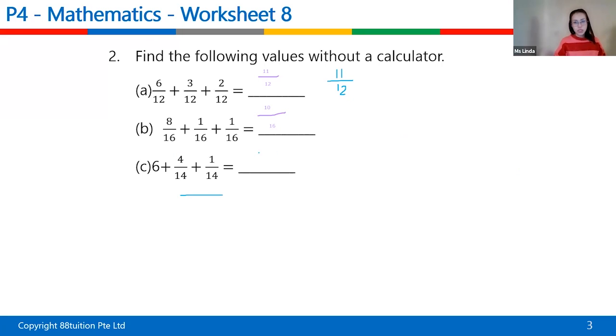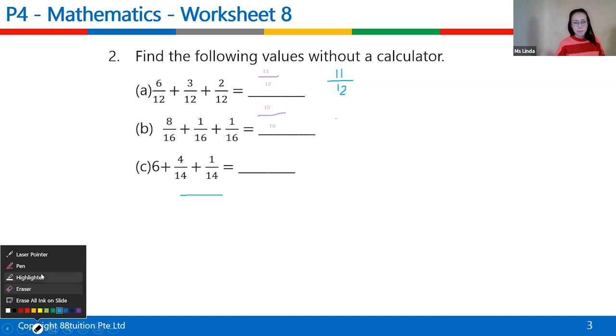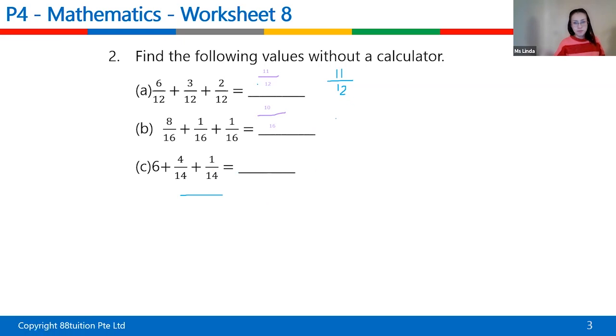What's your answer for your C? How do you get 11?